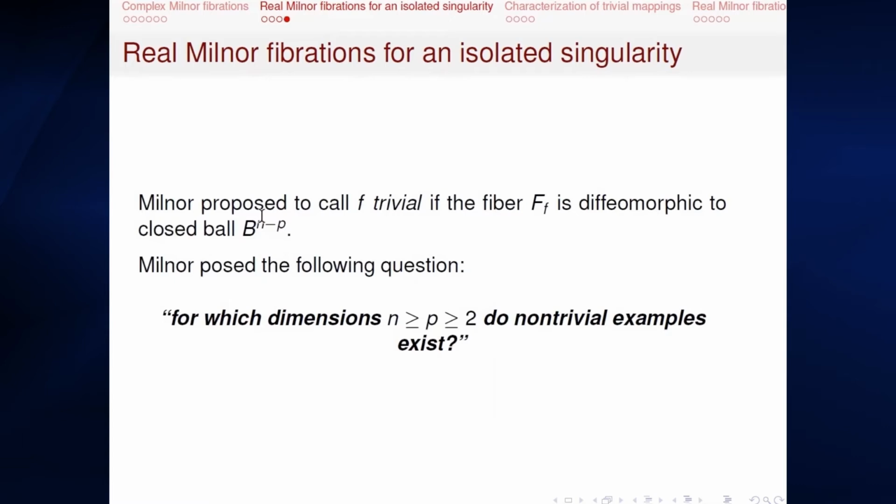Milnor proposed to call f trivial if the fiber F is diffeomorphic to a closed ball. So the previous example is trivial. Milnor posed the following question: for which dimensions do non-trivial examples exist?